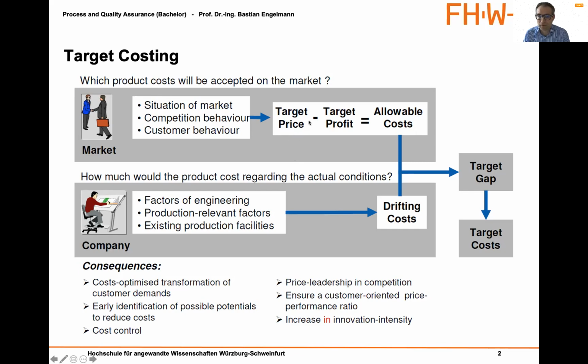And the figure we collect there is called the target price. It is not so easy just to ask a customer, what do you want to pay for my product? Because the customer will tend to give you a low price answer, because he doesn't want to pay so much for your product.